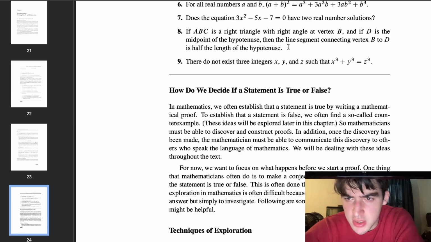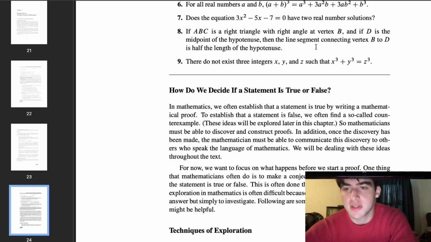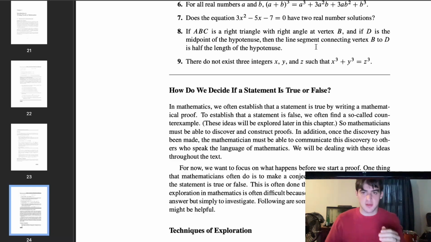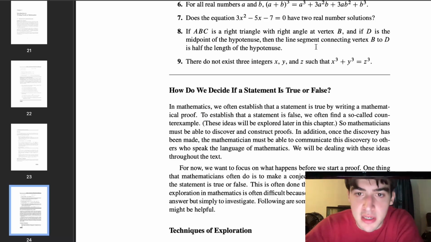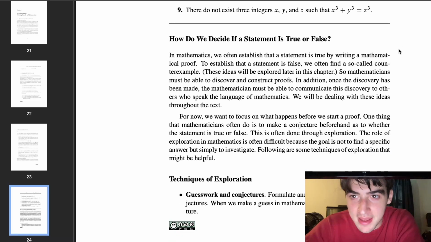And I think it's a false statement because the line segment connecting vertex B to D would be from the right angle to the midpoint of the hypotenuse. So maybe that is half the length. I don't really know. I'm not very good with trigonometry. COVID happened right in the middle of when I was taking trigonometry. So I understand like half of it.